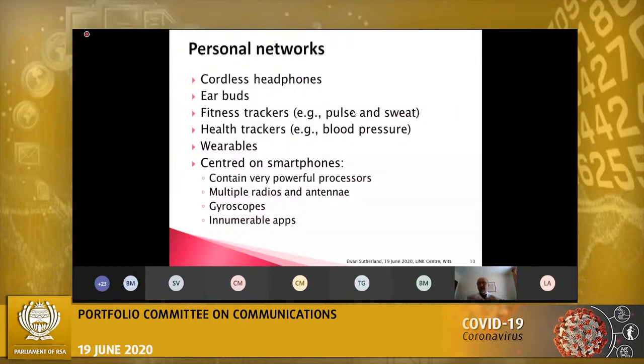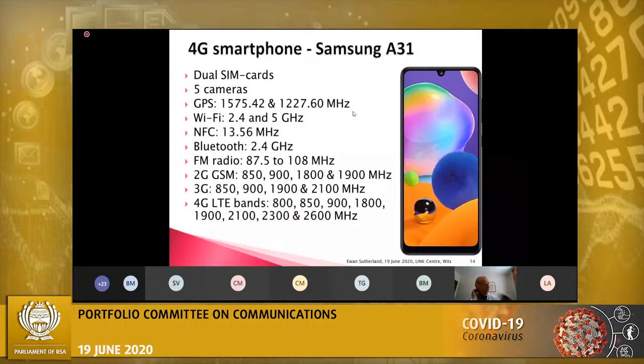So to take a 4G smartphone as an example, this one's from Samsung. It will take two SIM cards, so it can connect to two different mobile networks.